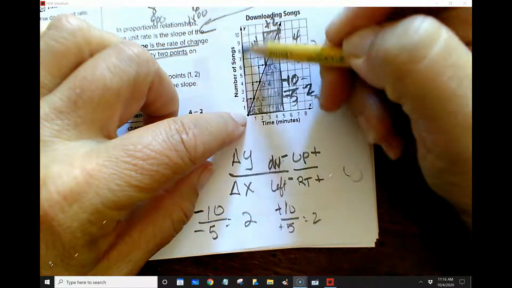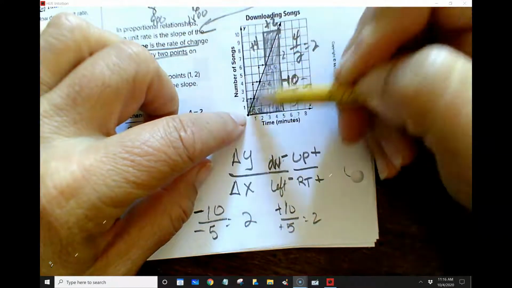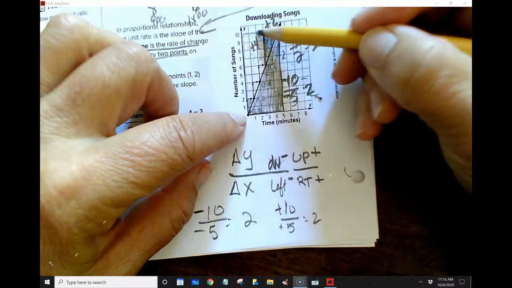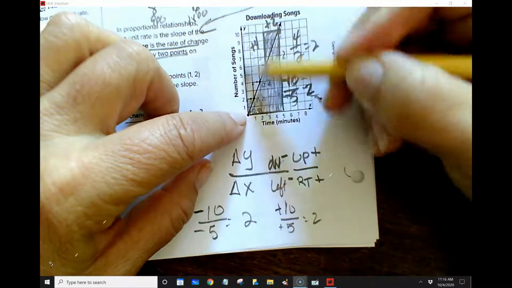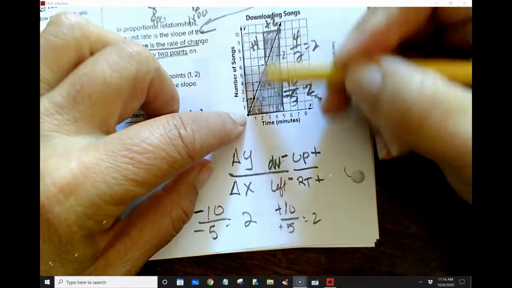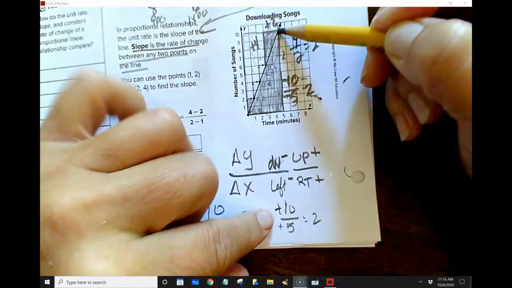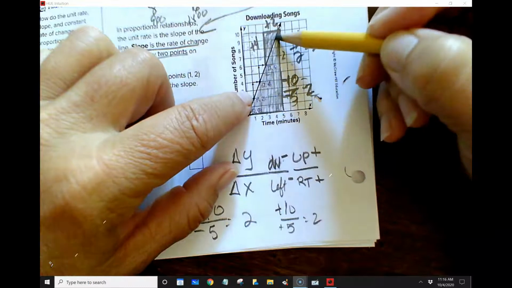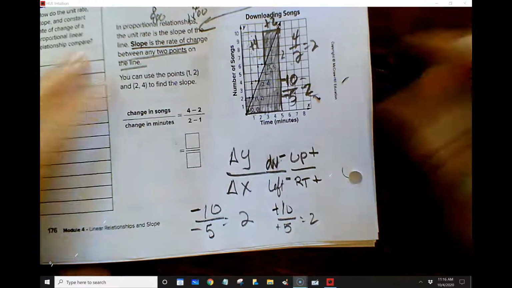So when I'm doing my slope, walking on the unit tick mark boxes here, going from this point here to this point here, I'll still get the same constant rate. I could go from this point to this point, and I'll still get the same constant rate of 2 over 1. Hopefully that makes sense to you. Makes sense in my head. All right.